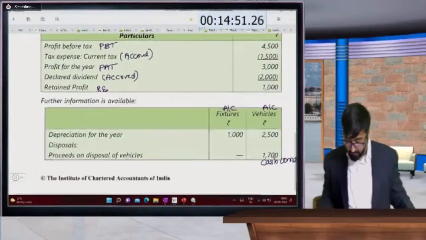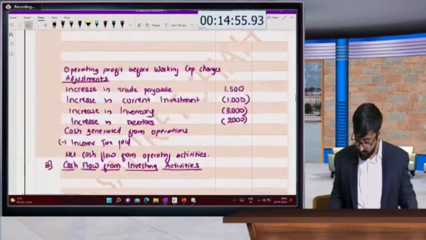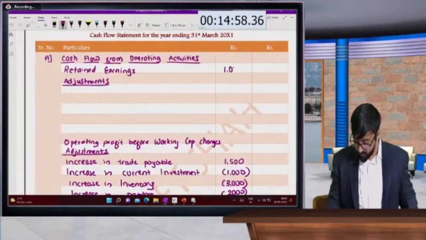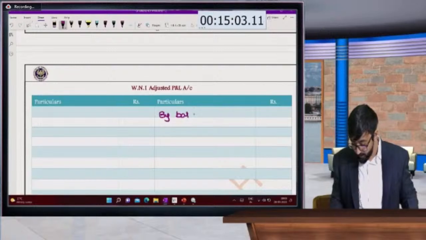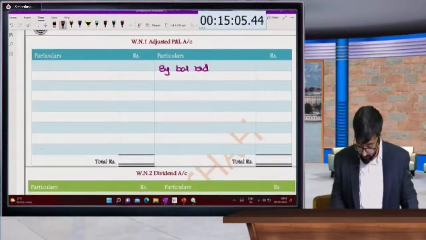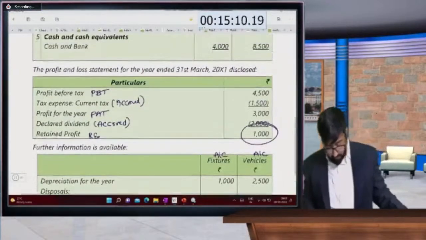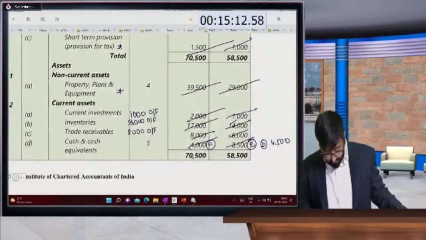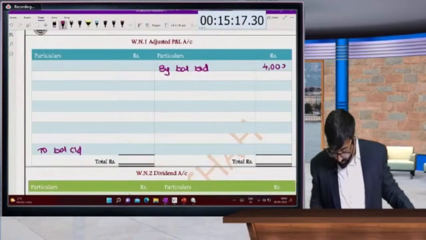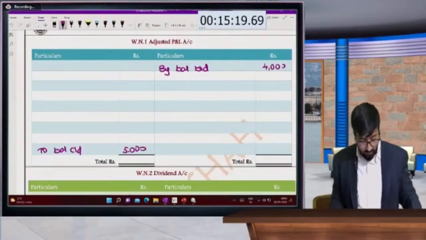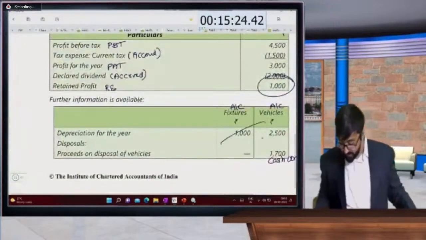Over. रिटेन अर्निंग से शुरुआत किया था 1000, retained earnings 1000, and in adjusted P&L you can write by balance brought down and to balance carried down. By balance brought down is 4,000 and to balance carried down is 5,000. Next, depreciation.